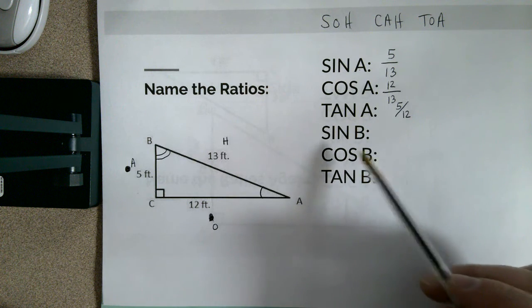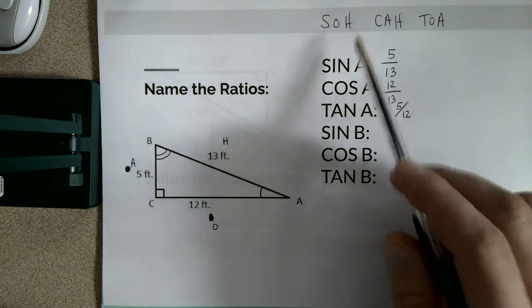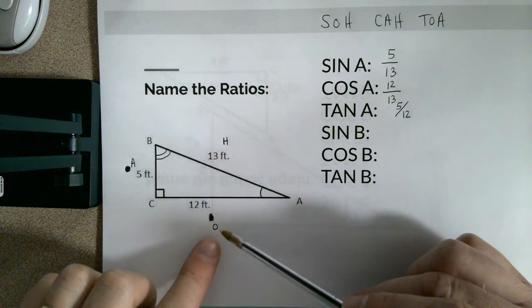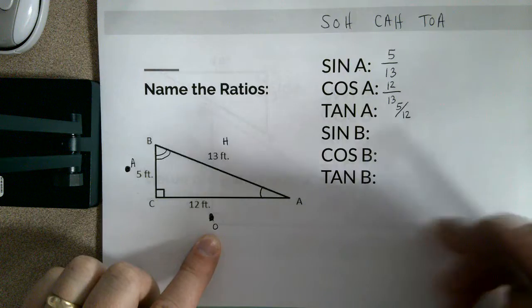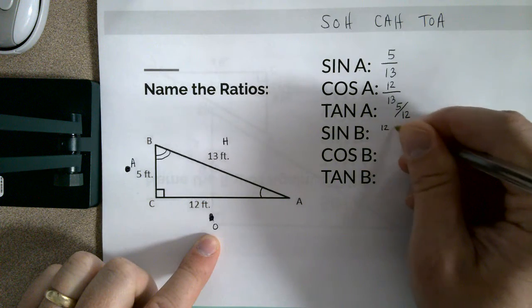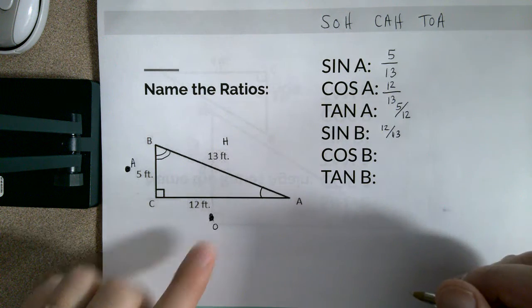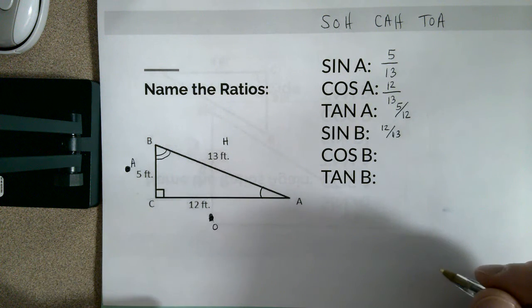Now when I find the sine of B, it's still opposite over hypotenuse, but now my opposite side is 12 and my hypotenuse is 13. So the sine of B would be 12 over 13.